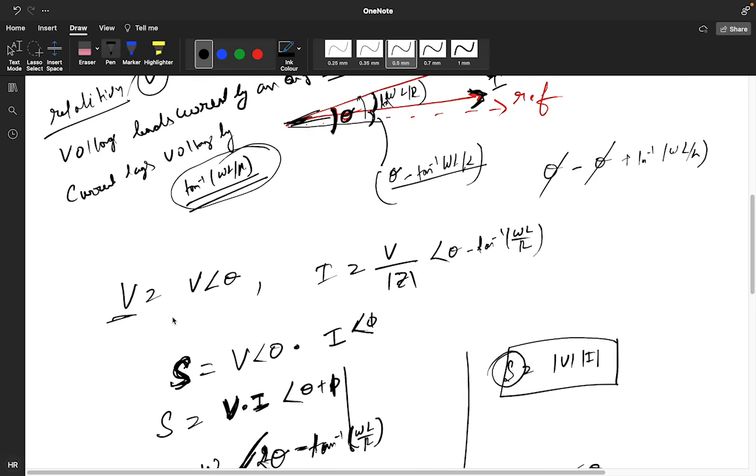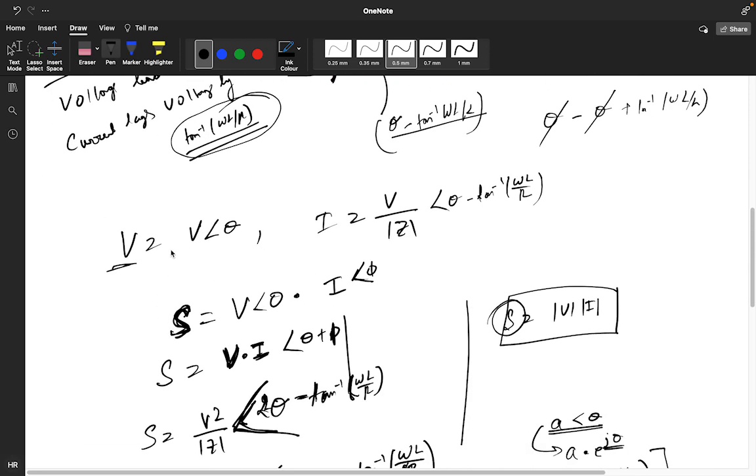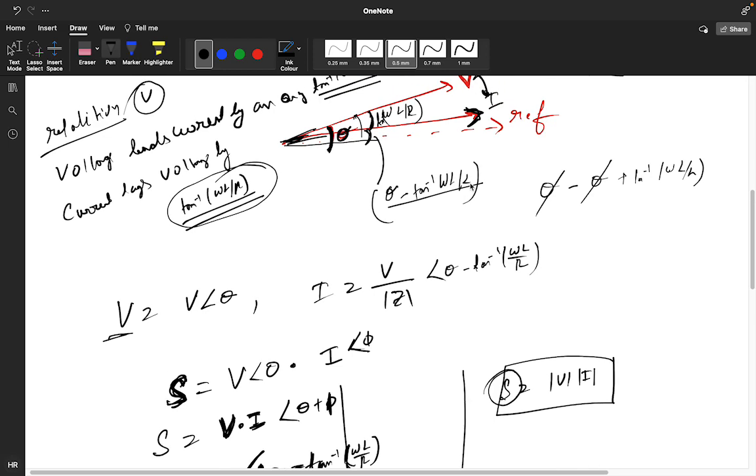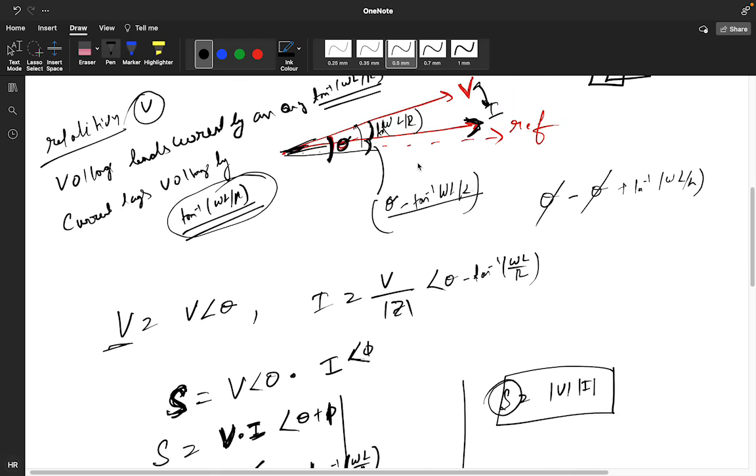If we are assuming V is equal to V at an angle theta, then I is nothing but V by mod Z, and V is at an angle theta, and mod Z is your mod Z value.